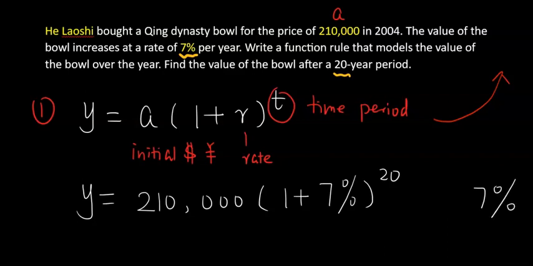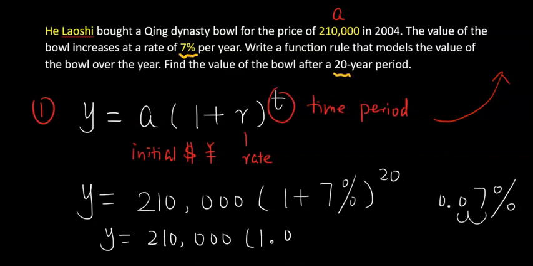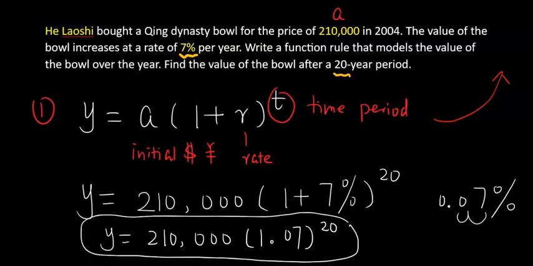All right, let's do this. 7%, we're going to convert it to decimal. And we have Y equals the initial price times 1 plus 0.07, which is 1.07, to the 20th power. We're going to put this beautiful function in the calculator.